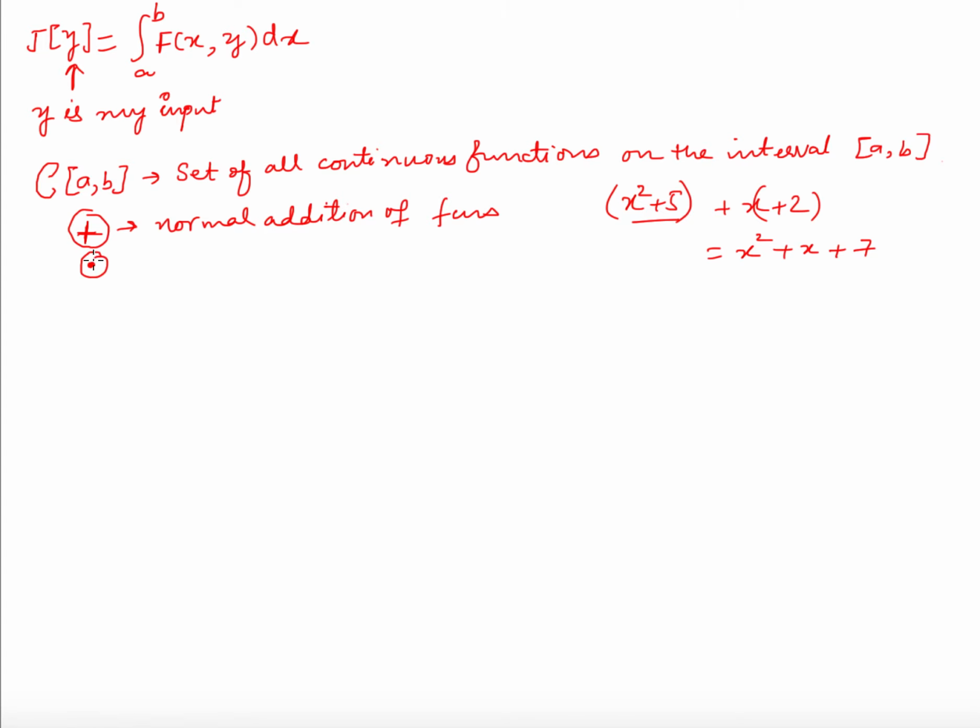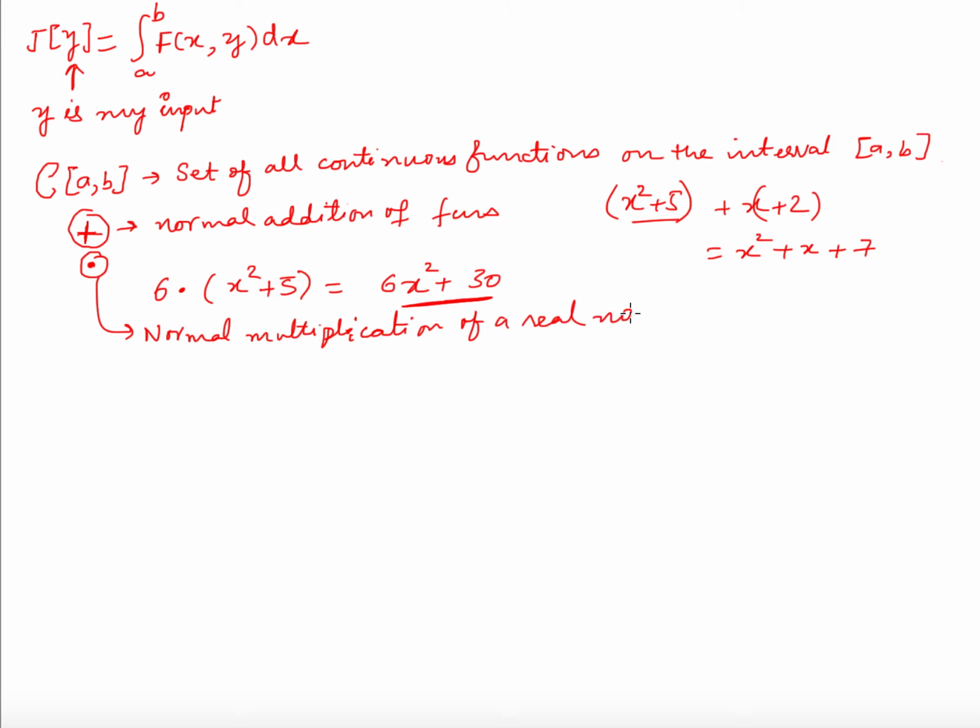And this dot is that I have a real number, for example 6. I have to define this operator. I have a function which is continuous on the interval a to b. Again, I'll take this function. So what is this? This is 6x squared plus 30, right? So this is normal addition of functions. This is normal multiplication of a real number with a function.